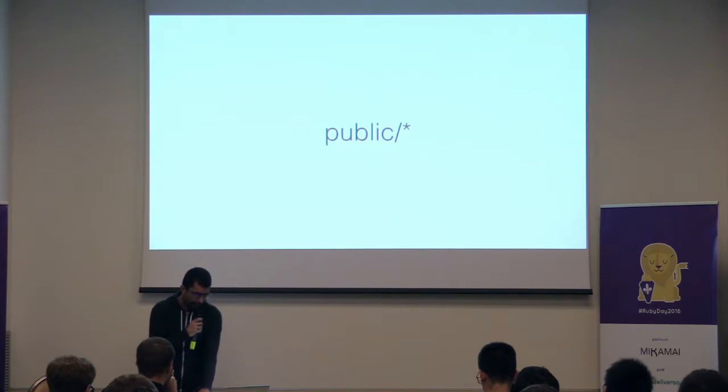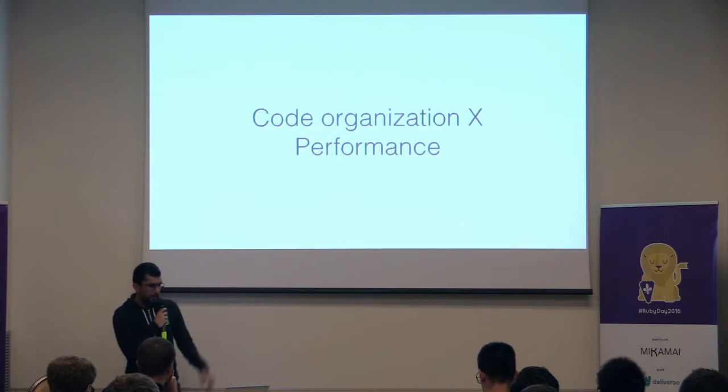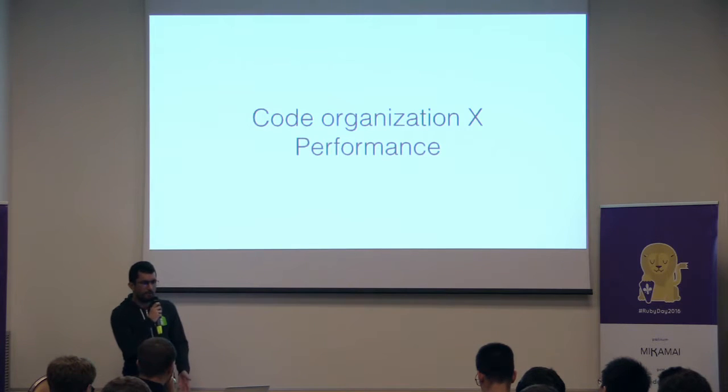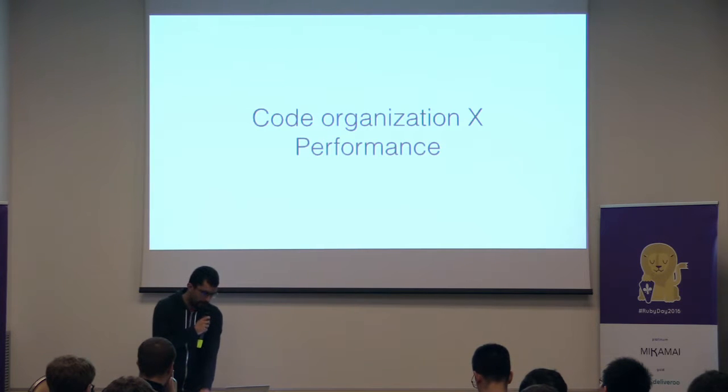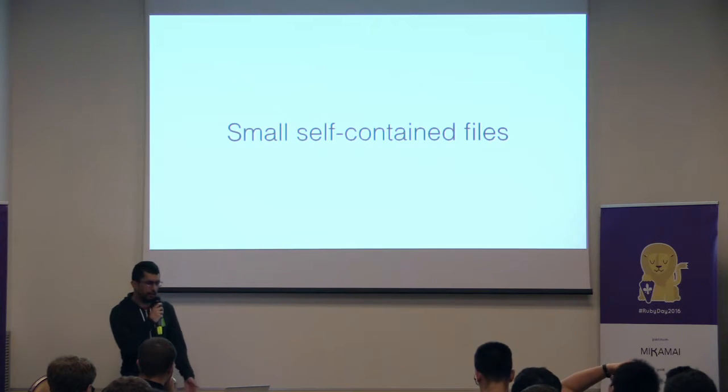In that time, we also had to make some trade-offs because we could use a better code organization, but we lost performance doing that. Some things we had to think about in that age was, should I make small self-contained files, which is good for modularity and maintenance of the code?